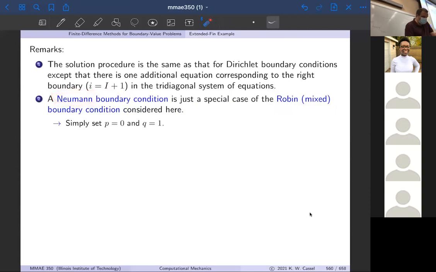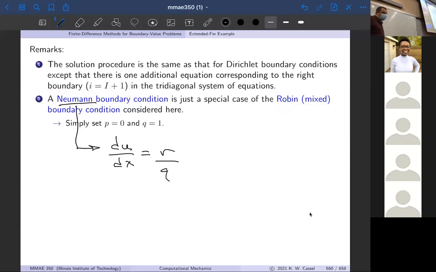A Neumann boundary condition is where you have du dx being specified, so I guess it would be R over Q. So we could have u being specified, that's Dirichlet. We could have du dx being specified, that's Neumann. Or we could have a linear combination of the two being specified, that's Robin. So 3 types of boundary conditions.